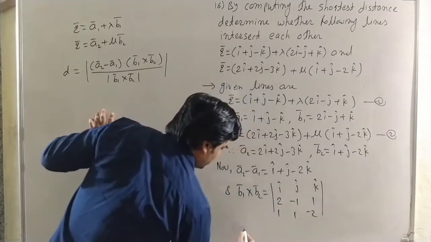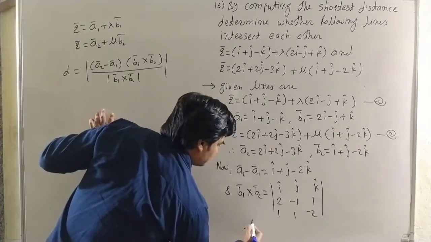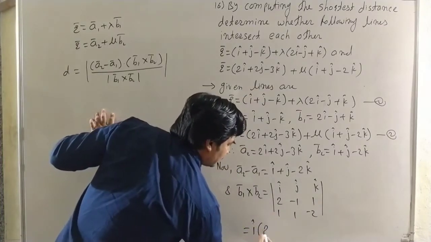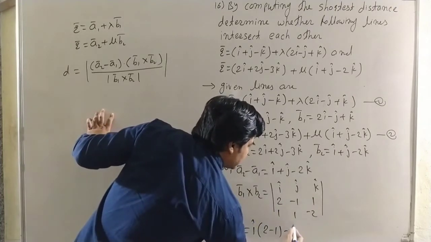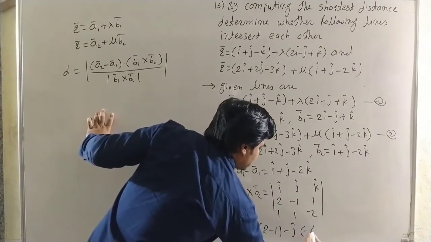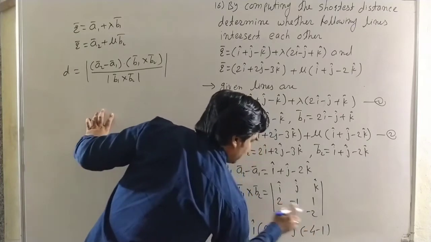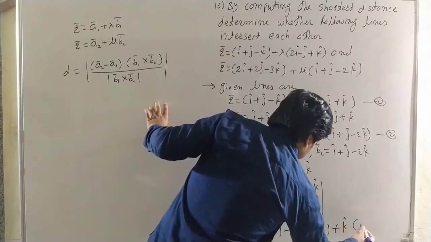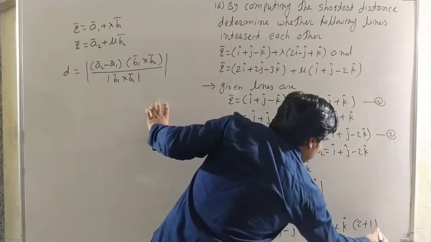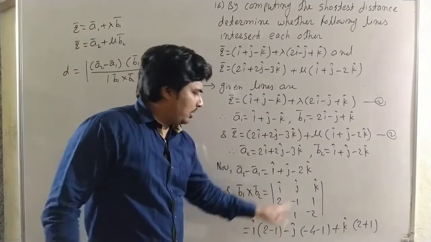Now take a cross product. i cap into (2 minus 1), that is plus 1, minus j cap into (minus 4 minus 1), and plus k cap into (2 plus 1). See carefully, it is 2 plus 1.